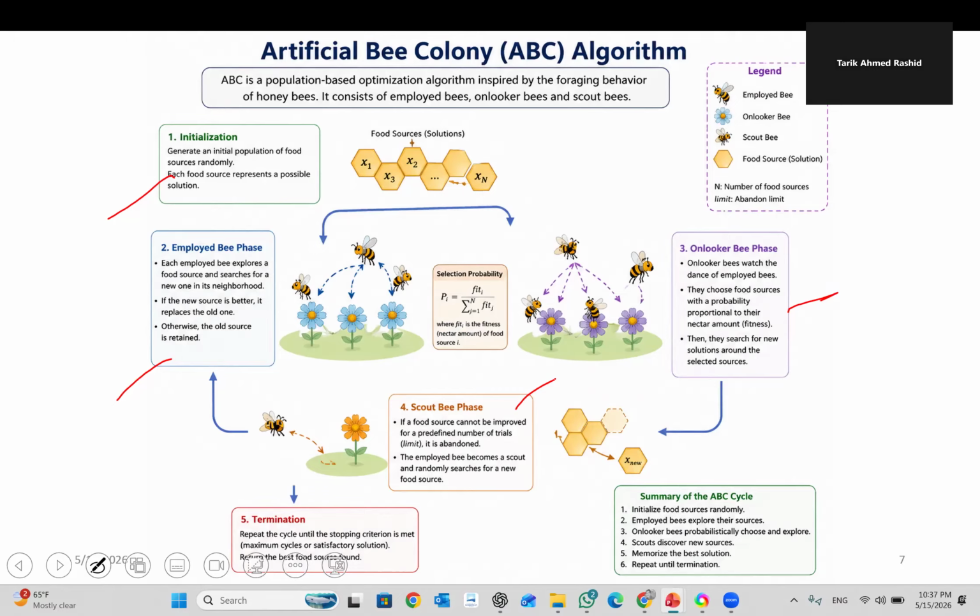If a food source cannot be improved, then it will be neglected after a limited time. Scout bees will be randomly generated to replace those food sources that are not improving. And then the termination is here. So that's the cycle of it.